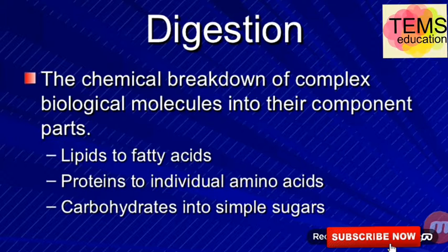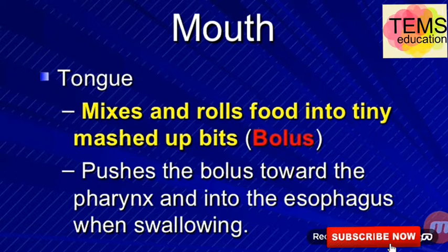Now we'll discuss the mouth. In the mouth we have the tongue, which mixes and rolls food into tiny meshed-up bites, and pushes the bolus towards the pharynx and into the esophagus when you're swallowing.